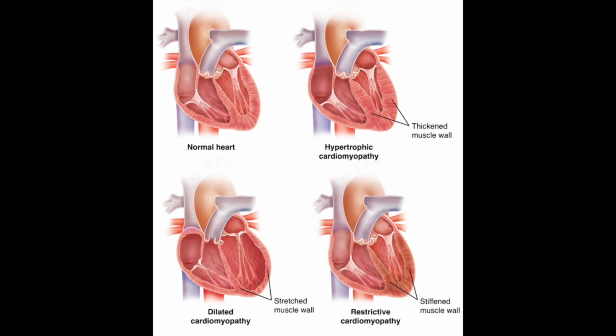You mentioned other potential causes. Do tests look for those? Yes, absolutely. Lab tests are important. Checking thyroid function, HIV status, iron studies for hemochromatosis, maybe a toxicology screen if substance use is suspected. Genetic testing can be useful if a familial link is suspected. BNP levels, a blood test, can help diagnose heart failure and give prognostic information. Okay. An MRI? A biopsy? Cardiac MRI is excellent for getting detailed images of the heart muscle tissue.